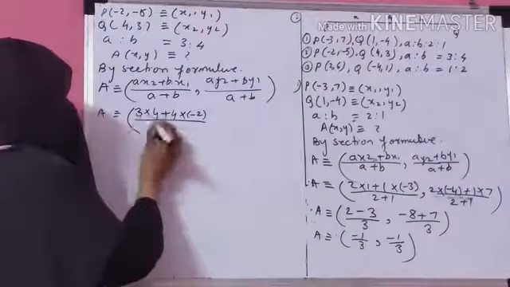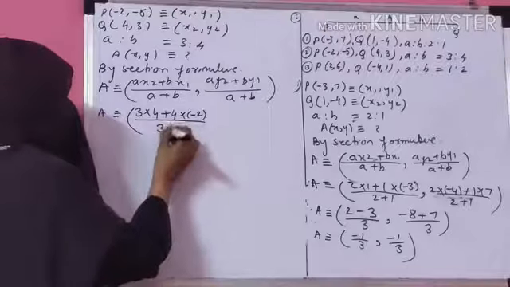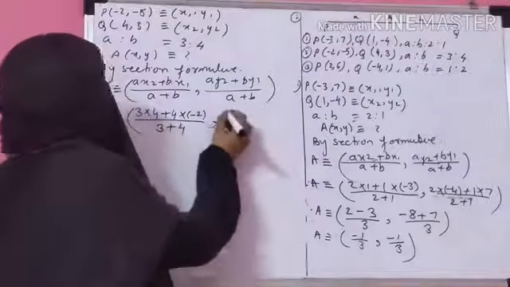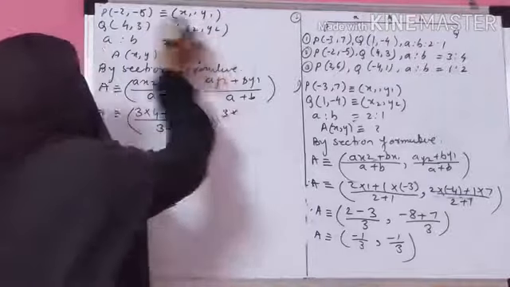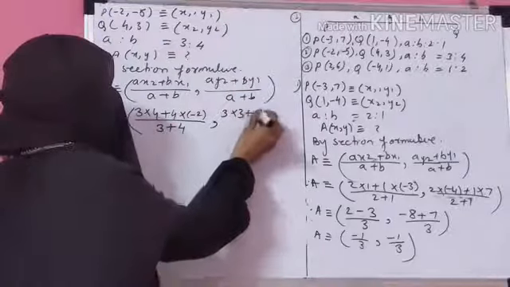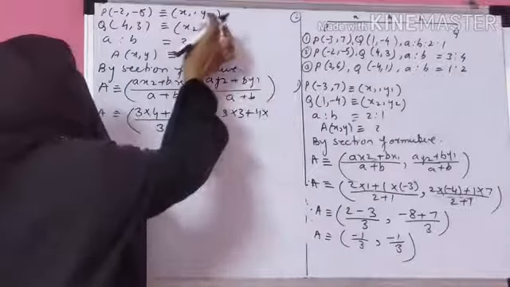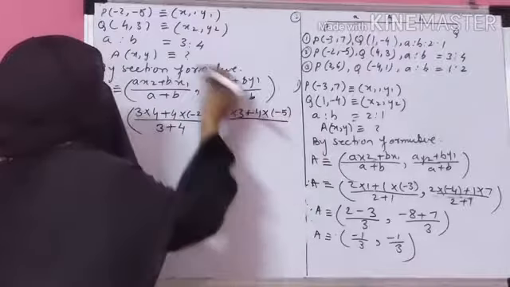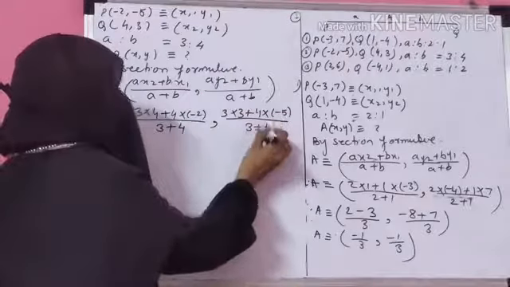Okay. Divided by a plus b, that means 3 plus 4, comma, a is here 3, y2 is 3, plus b here 4 multiplied by y1, y1 you are having minus 5. Okay, divided by a plus b, that means 3 plus 4.